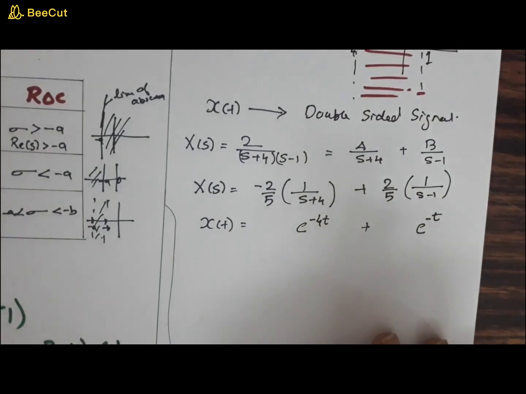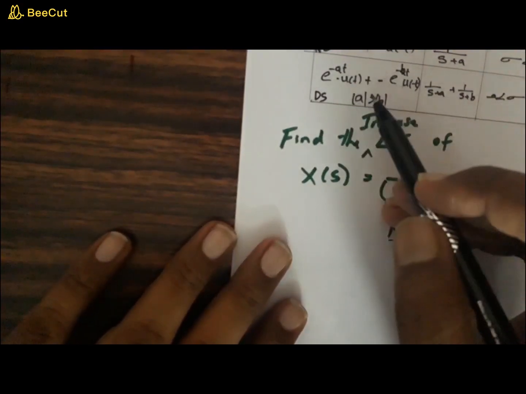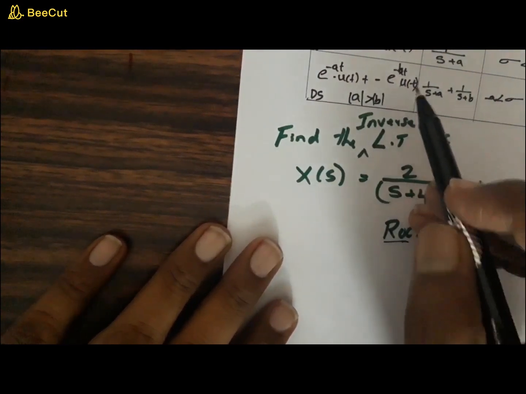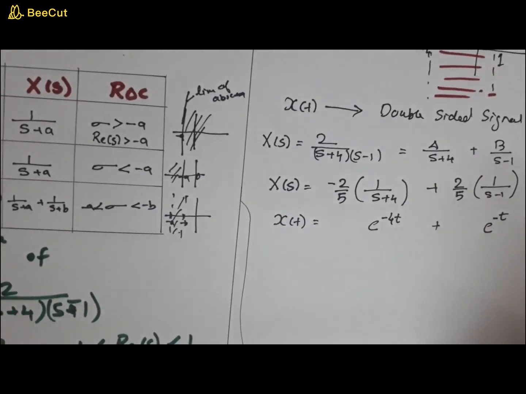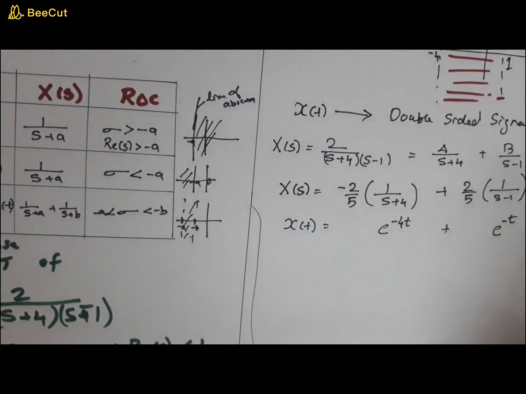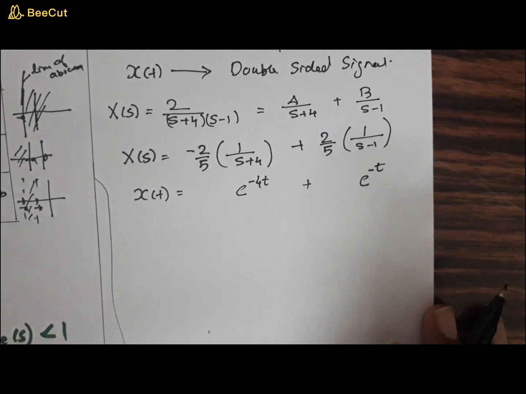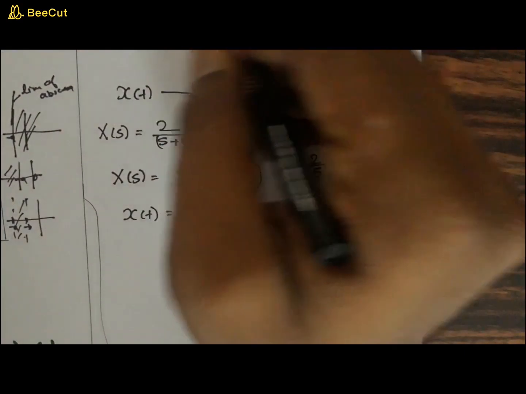Now the next point is, this is a double-sided signal, similar to this one. That means one of the parts has to be causal, and the other one has to be non-causal. Now the thing is, which one will you select as non-causal and which one as causal? Now look at this. You can rewrite this ROC again.